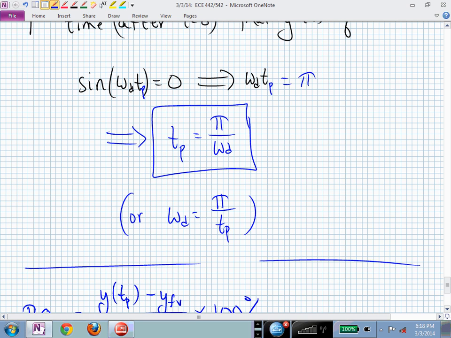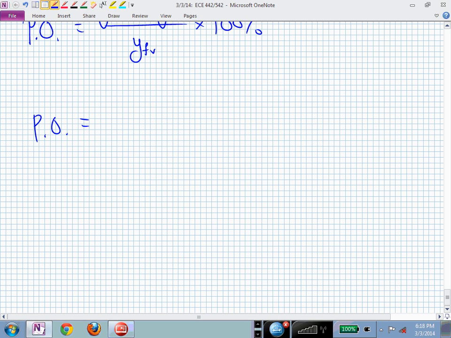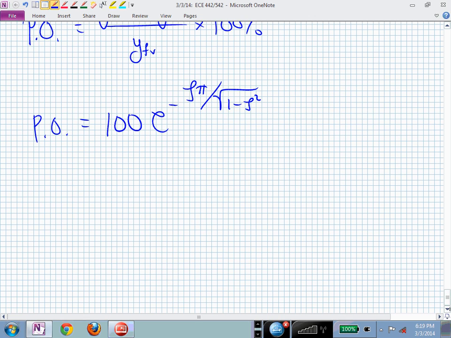We could plug that in for our time and obtain that the percent overshoot in terms of zeta is now 100 e to the minus zeta pi over the square root of 1 minus zeta squared. That's our percent overshoot in terms of zeta. And zeta is between 0 and 1.